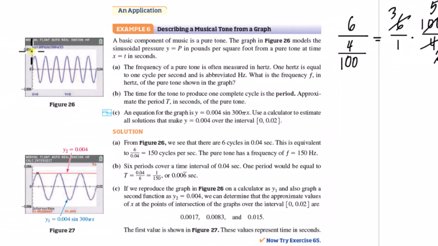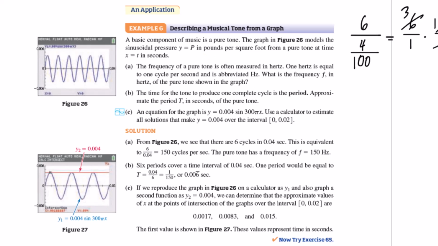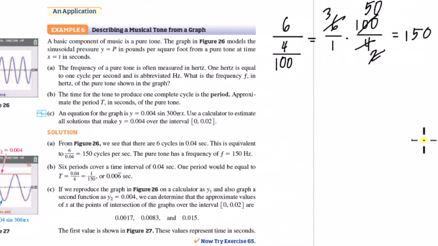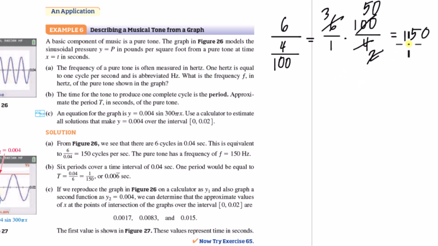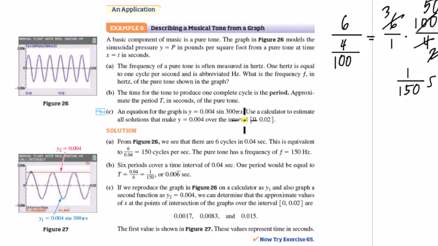We talked about all this before. The period is the time for 1 cycle. So it's 0.04 divided by 6, or the reciprocal of the frequency: 1 over 150 seconds. That's the period. Okay. An equation for the graph: y is equal to 0.004 sine 300 pi x.